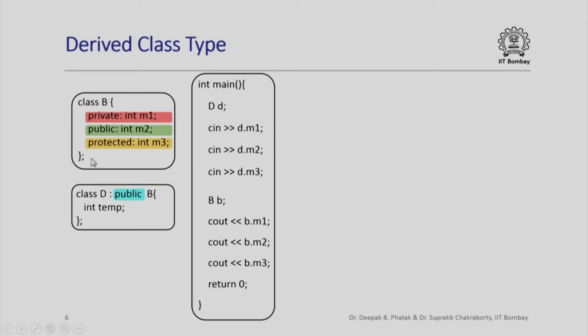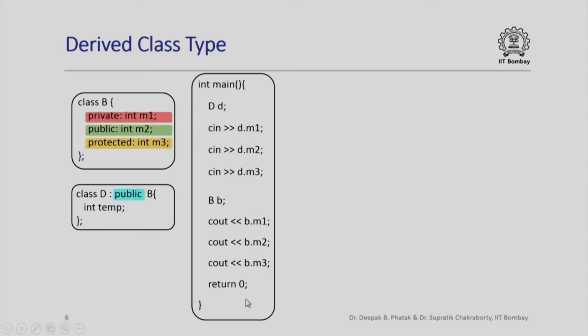Now let us take a slightly closer look at this through some examples. Here is our class B, which we have seen earlier, and let us say D is derived from class B in the public mode, and within this I have another data member of this derived class D called temp.